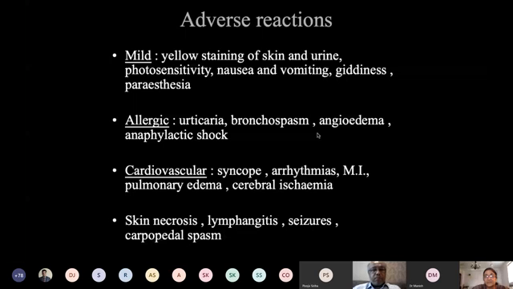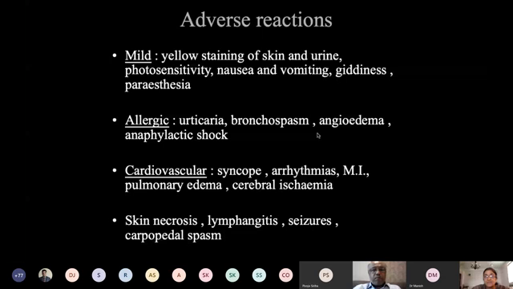And then, of course, one of the doctors just now asked, why can't you have a hypersensitivity reaction? You can actually land up having skin necrosis or lymphangitis secondary to injection or extravasation of this dye into the intradermal or subdermal space. So you have to be extremely careful when handling this dye.